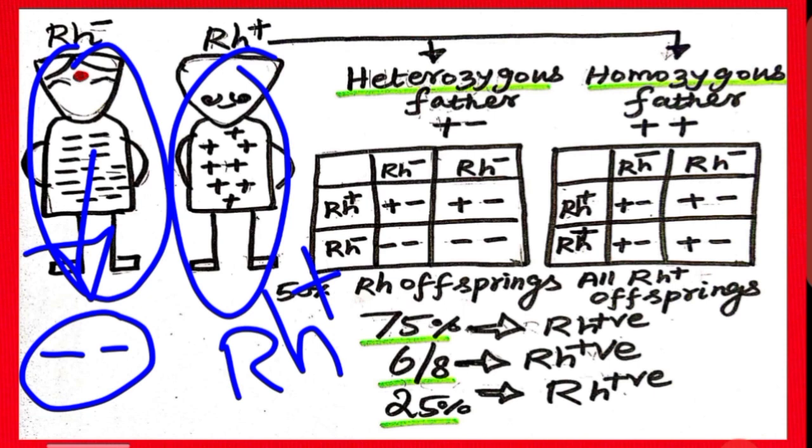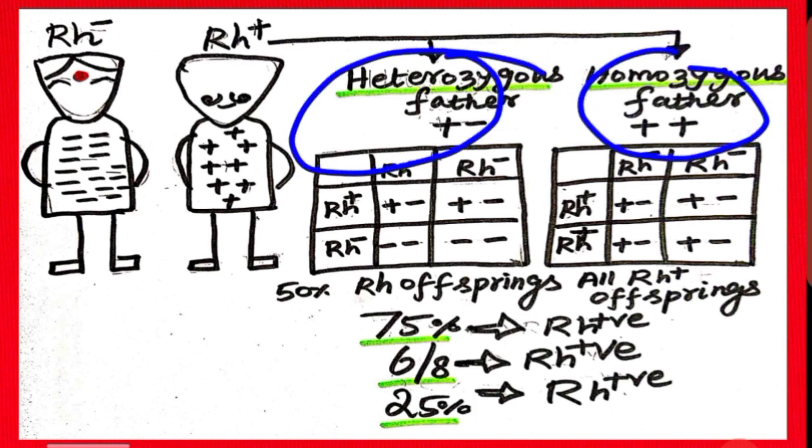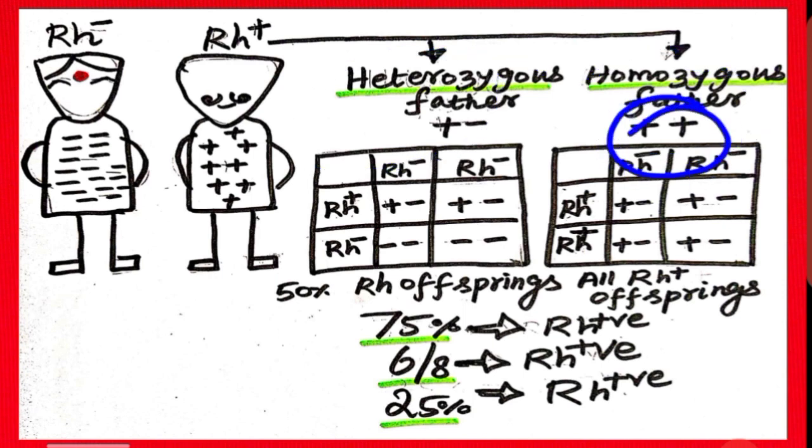The father can either be homozygous or heterozygous. Homozygous father means the RH factor, that is plus plus genotype, is present.